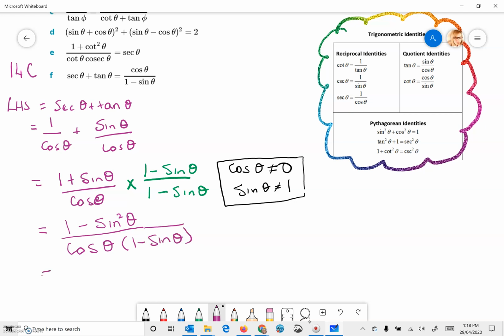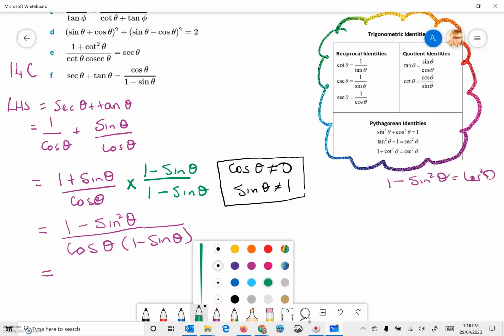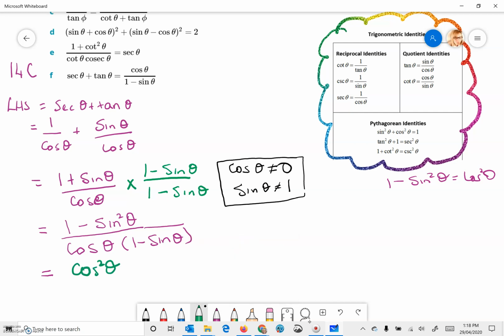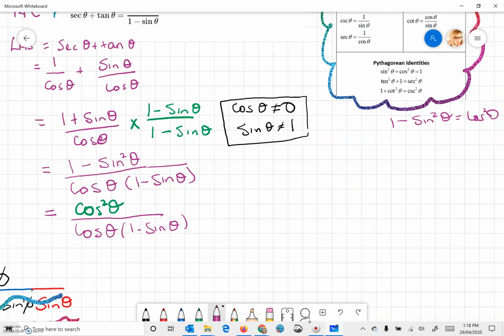The good thing is we know that if sine squared plus cos squared equals 1, that means that 1 minus sine squared theta equals cos squared theta. So now we can change this into cos squared theta divided by cos theta times 1 minus sine theta.